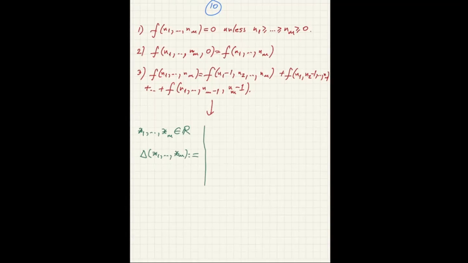The first column are powers of x1, so x1 to the power m minus 1, x1 to the power m minus 2, going all the way to x1 to the power 1, and here at the bottom we have a 1, x1 to the power 0, and we can do the same thing here with x2.